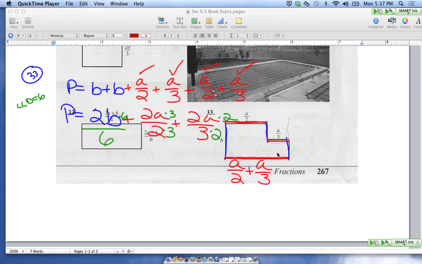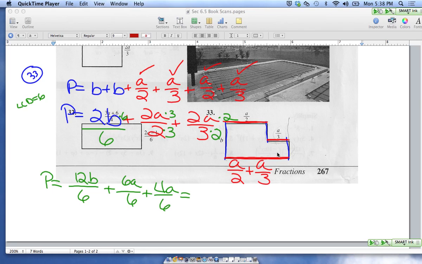Whatever you do to the denominator in order to give it the common denominator, you have to do that same step to the numerator. So now my new numerator here will be 12b. So I have 12b over 6 for the first expression, 6a over 6 for the second expression, and 4a over 6 for the third expression.